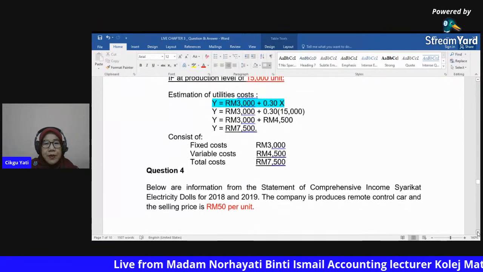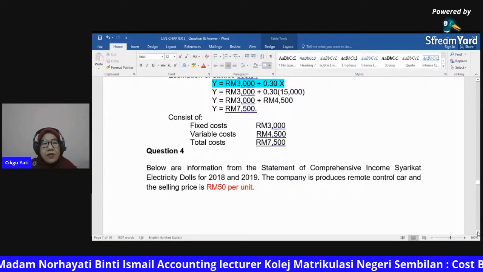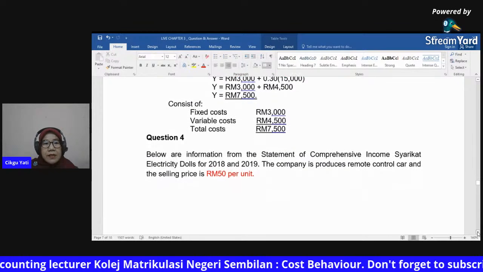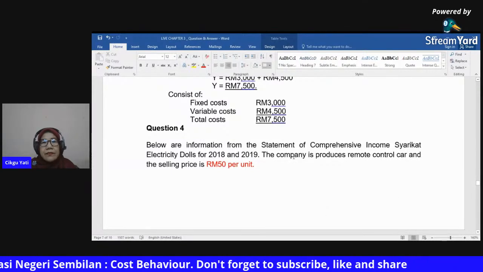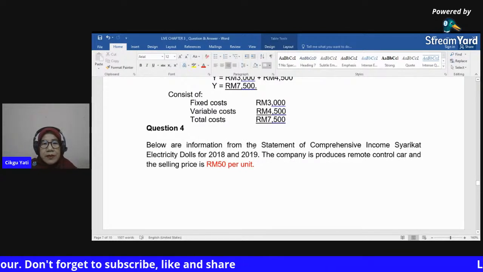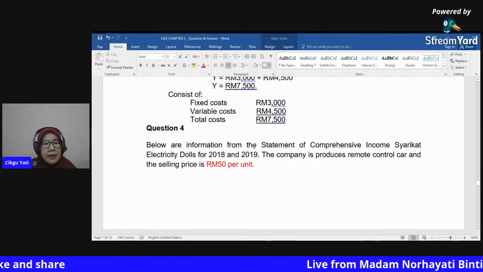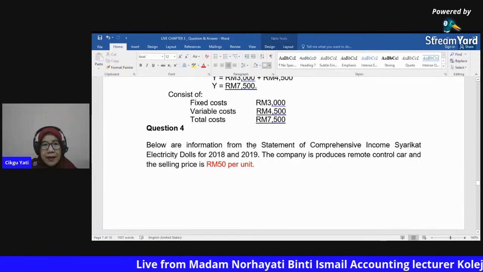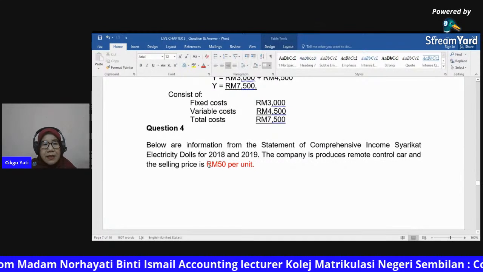Okay, number 4. Okay, this question is quite different from other questions. What is the difference? Below is the information from the statement of comprehensive income for Syarikat Electricity Dole for 2018 and 2019, and it gave the selling price is RM50.